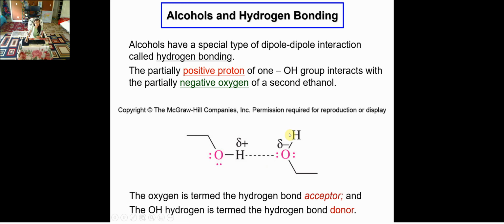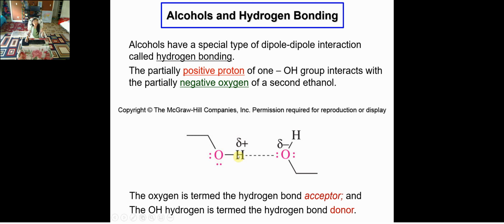In this hydrogen bond, this oxygen from another molecule is termed the hydrogen bond acceptor. Your OH hydrogen is termed the hydrogen bond donor.